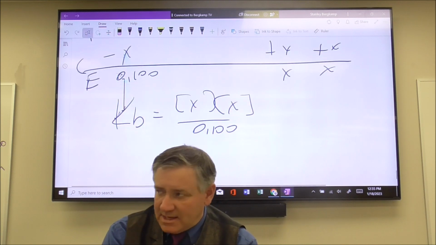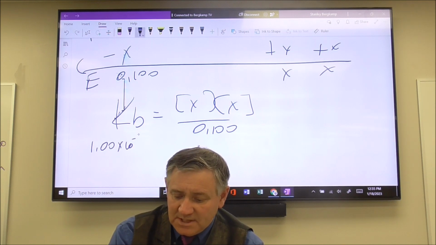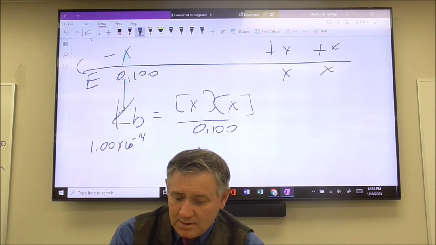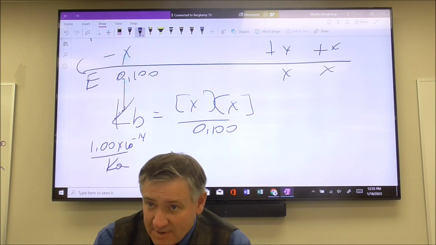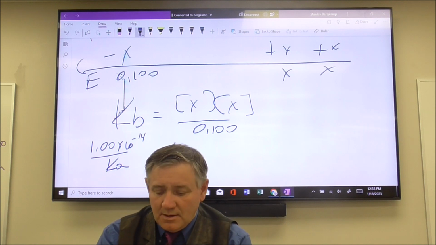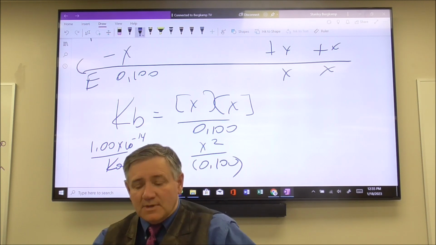How are you going to get that Kb value? You can take 1.0 times 10 to the negative 14th and divide that by your Ka value. So you have to get the Kb value by itself. That's going to equal x squared divided by 0.1. Now, here's the bigger kicker.